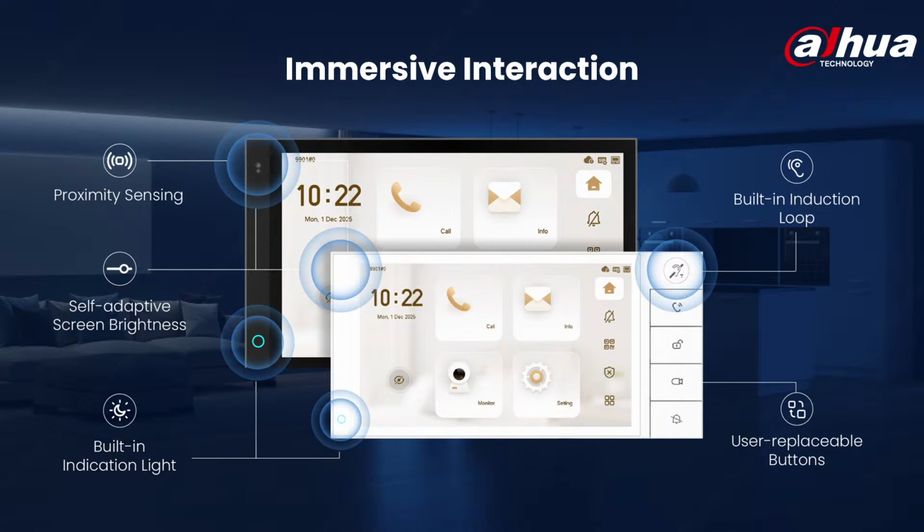You can have it in IP, in two-wire IP and 4-wire hybrid solution also, and Wi-Fi is supported. You can have it in 10-inch and 7-inch models, and it's giving you some basic alarm hub integration solution also.